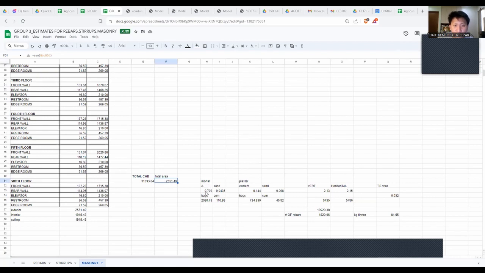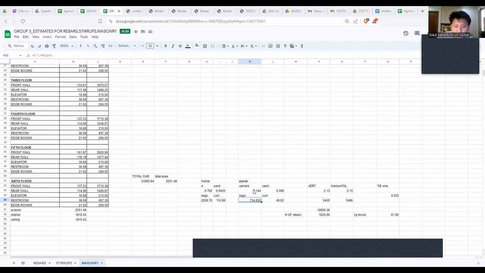So this is the total area, which I used to get the mortar. I multiplied the total area by 0.75 to get the number of bags, 0.972 based on the book. I got 2020 or 21 bags. And for the sand, it is the same, I got the constant from the book for the mortar. I multiply it by the area to get the cubic meters of sand.